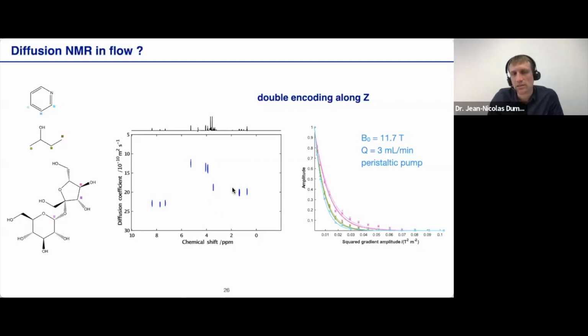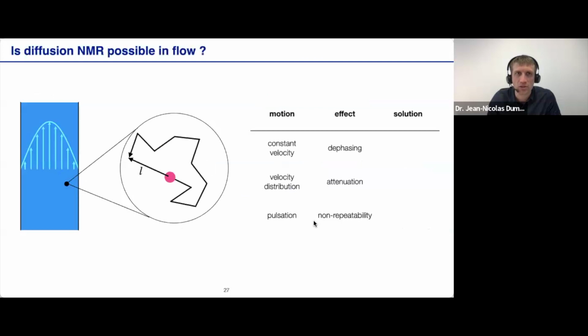And while it did improve the situation, we still had overestimated diffusion coefficients, broad diffusion spots, as well as data that is not suitably described by the model. So it doesn't entirely solve the problem only using double diffusion encoding. Another possible approach is in fact to change the direction that is used to encode the diffusion information.